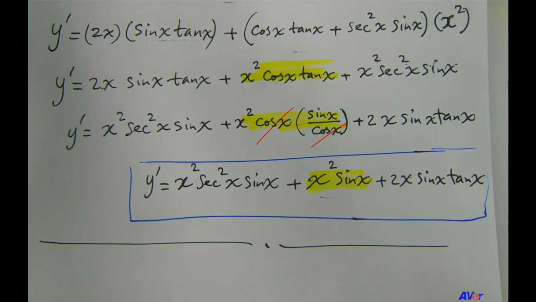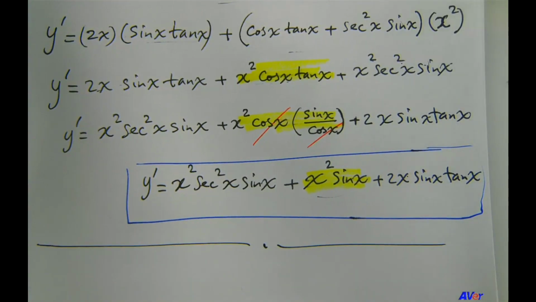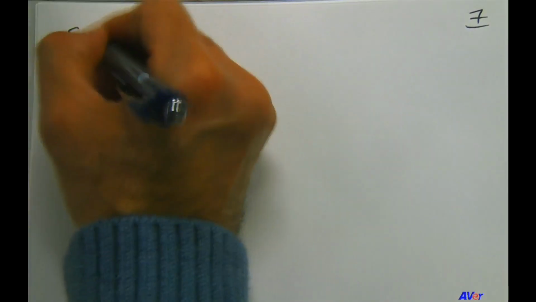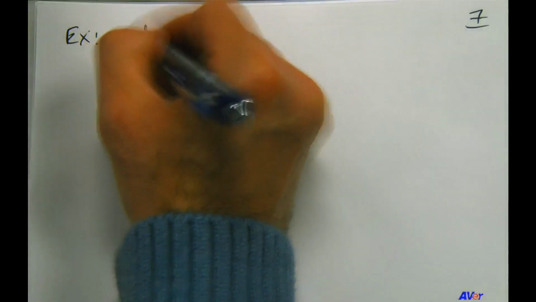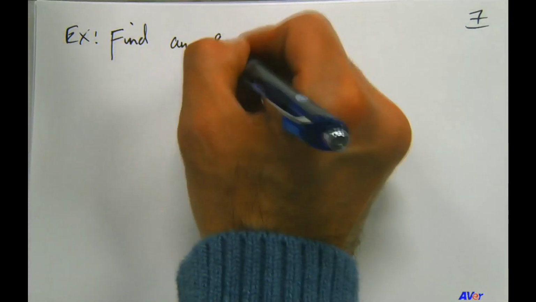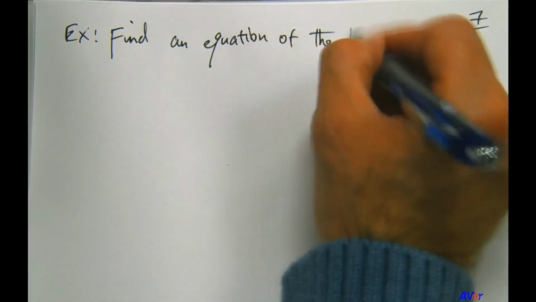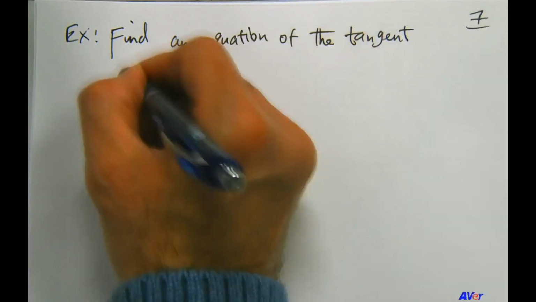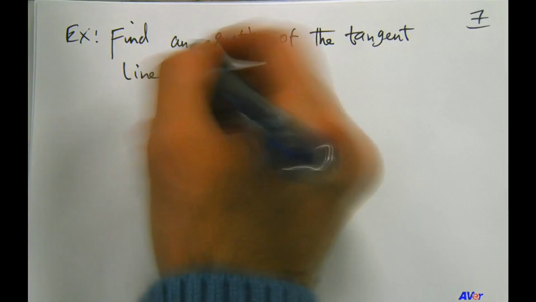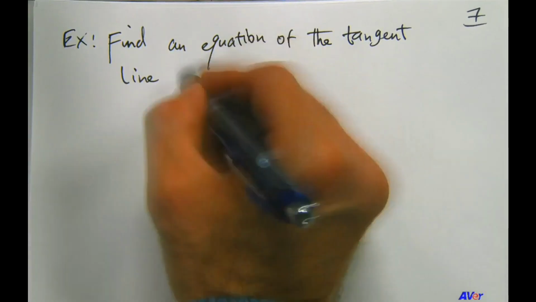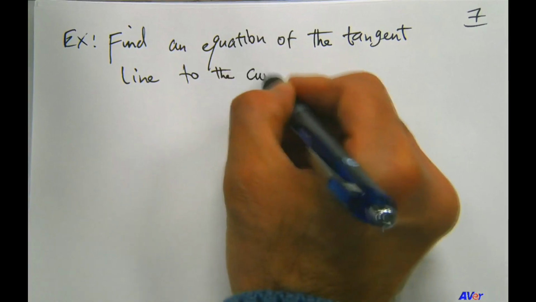So let's do another, maybe a couple of examples, but these will be different types of examples. So that'll be a nice change. So here we want to find an equation of the tangent line to the curve.